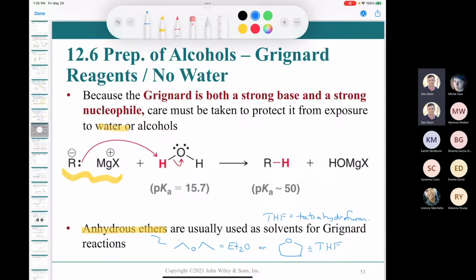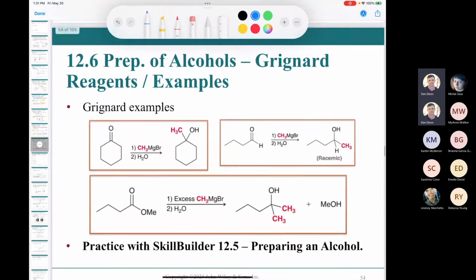Diethyl ether and tetrahydrofuran are the ethers most commonly used for Grignard chemistry, and they're usually dried before you use them, so distilled in some way to remove all traces of water. You can imagine it's better to do Grignard chemistry in a state like Colorado than Oregon or somewhere on the coast.